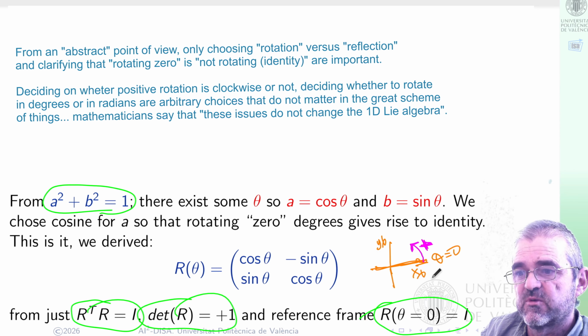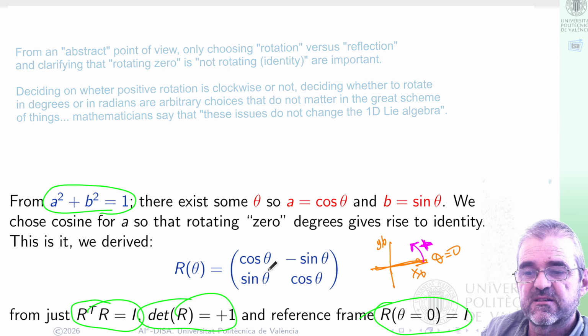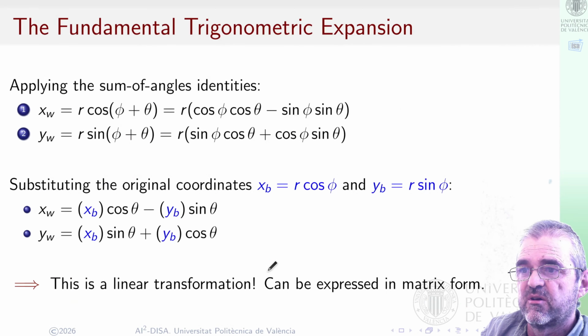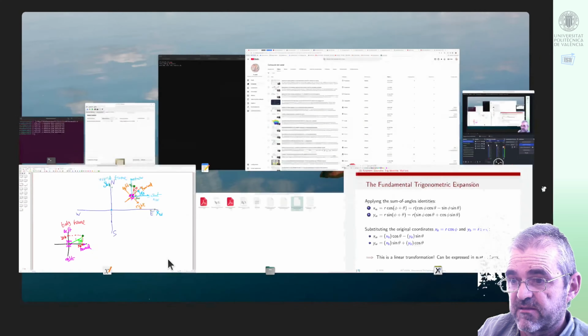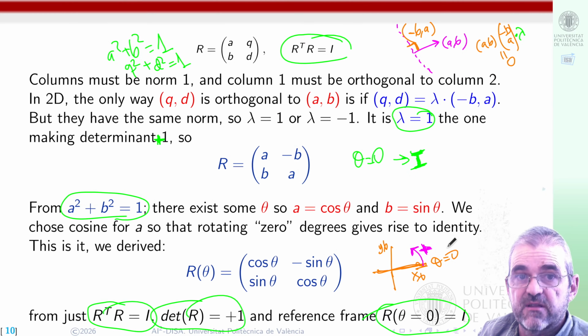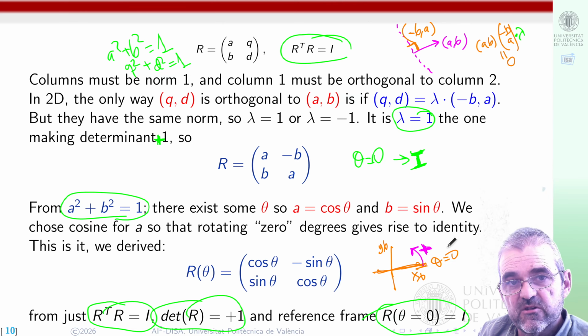So this is it. We ended with the same rotation matrix that we derived from the sum of angles identities and these pictures of a robot rotating, but instead of that, we have derived the same thing from orientation preservation and metric preservation, length preservation. We realized that we had 1 degree of freedom, and choosing that degree of freedom as being the cosine of something, when that something was 0, then we got the identity.